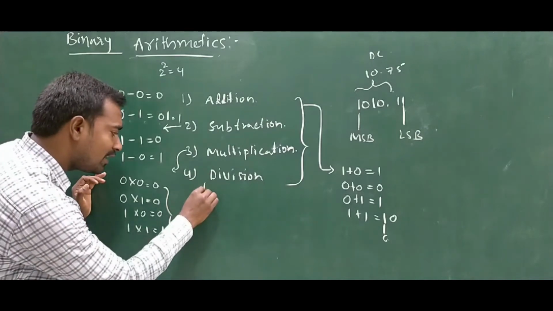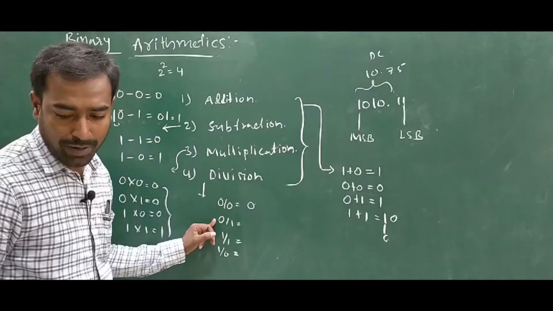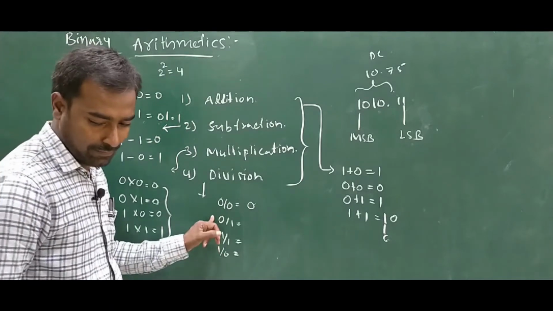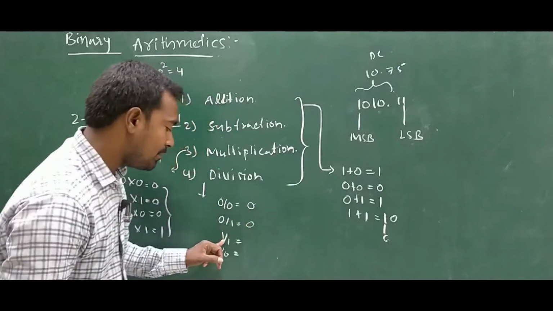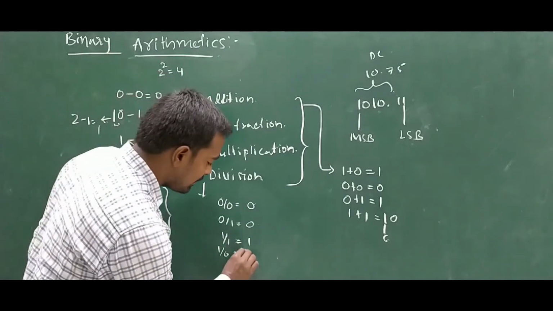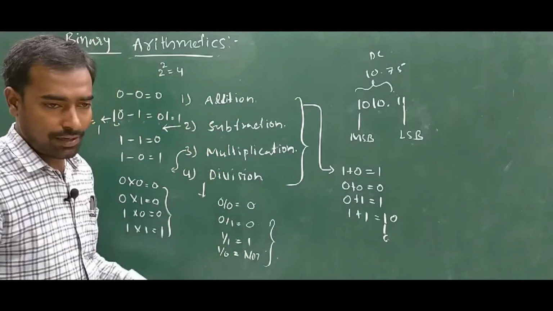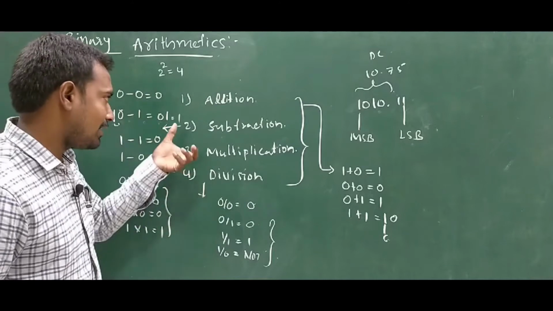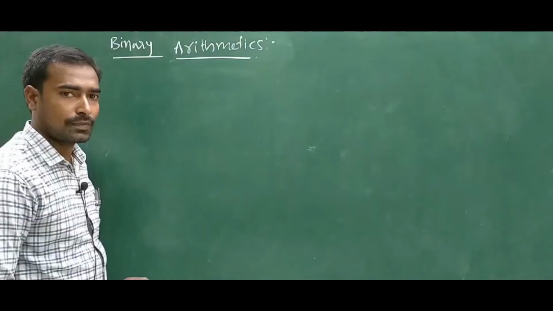And coming to the division: 0 by 0 is equal to 0, 0 by 1 is equal to 0, 1 by 1 is equal to 1, and 1 by 0 is not possible here. So these are the binary arithmetic operations: addition, subtraction, multiplication and division.